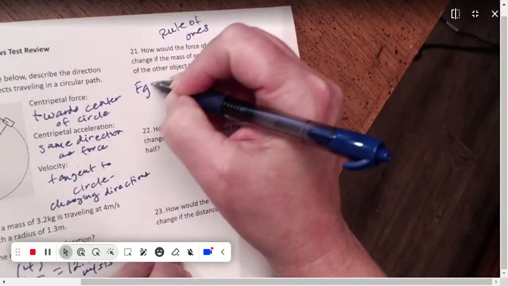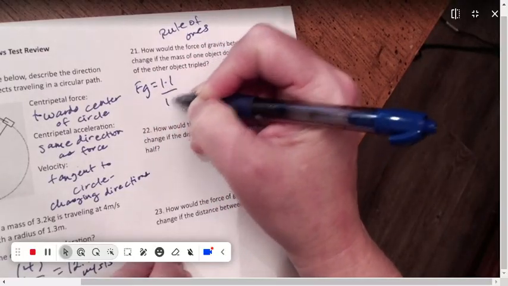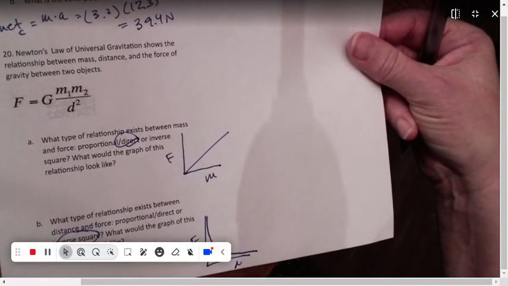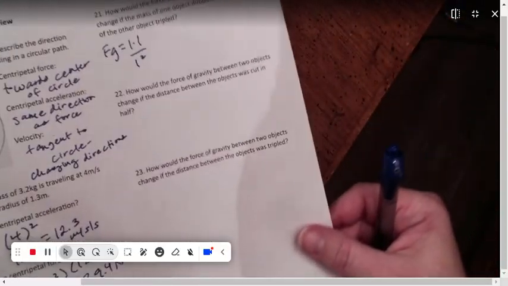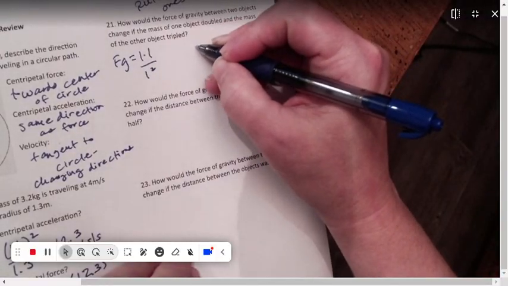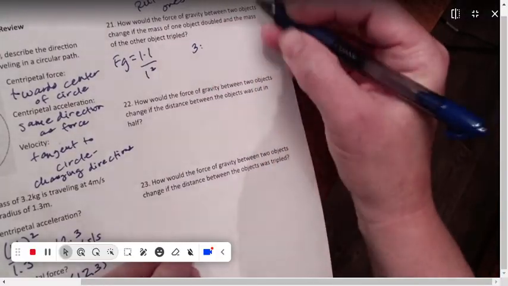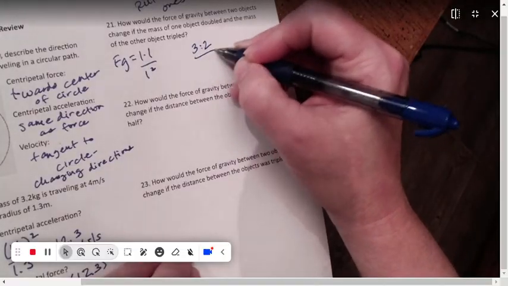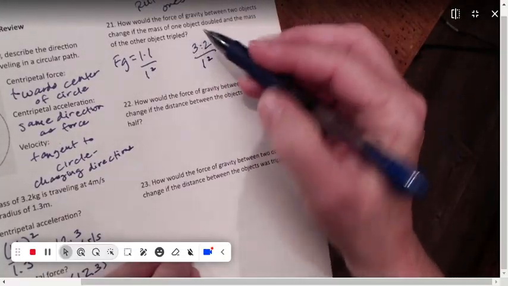So I have force of gravity is 1 times 1 divided by 1 squared for my mass 1, mass 2, and my distance squared. And then I'm going to change the masses. I'm going to have 3 times 2 divided by 1 squared. Distance is not changing.